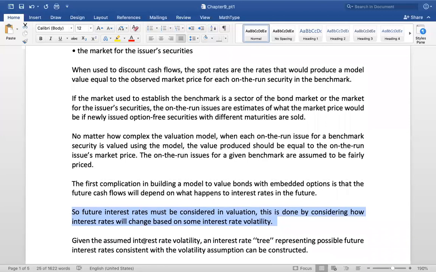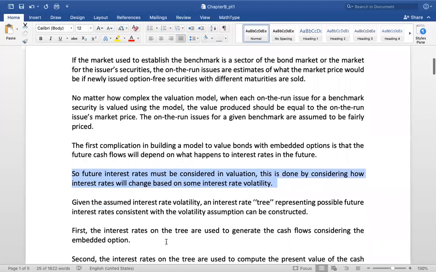Given the assumed interest rate volatility, an interest rate tree representing possible future interest rates consistent with the volatility assumption can be constructed. In our future videos of this chapter, we will look at how to construct that interest rate tree.